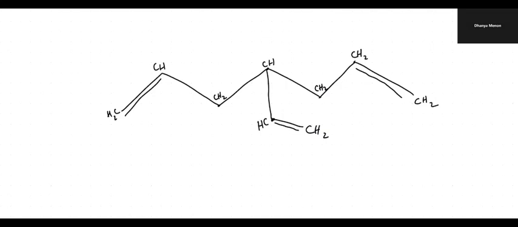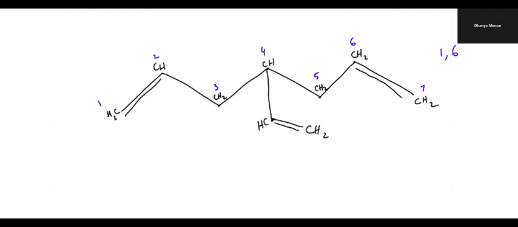So numbering, if I number from here, 1, 2, 3, 4, 5, 6, 7. Yes, so double bonds are getting the first position and the 6th position. There is no other way to number to include all the double bonds. So numbering is done in such a way, take the longest chain that includes most of the double bonds. So it's not possible to include all the 3 double bonds.